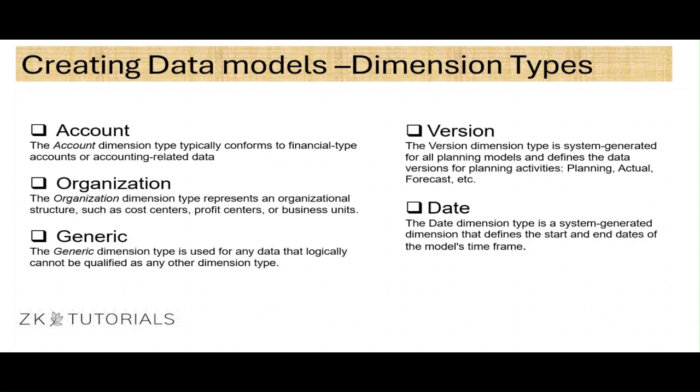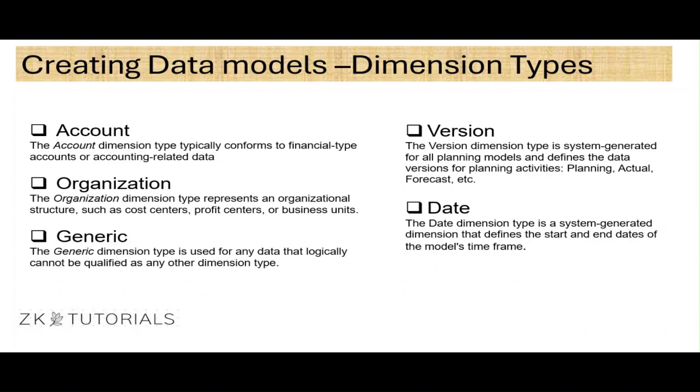There might be an account for some infrastructure costs, there may be an account for the income coming through offers. Every business will have financial accounts for each and every function. So those accounts are given by the account dimension type.